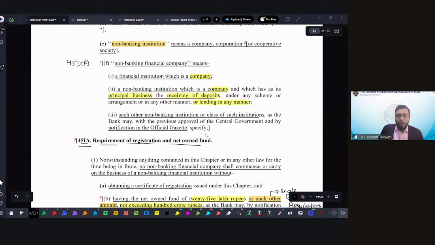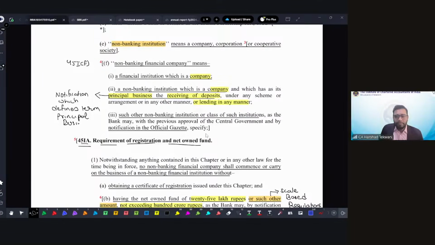So there is a notification by RBI which defines the term principal business.